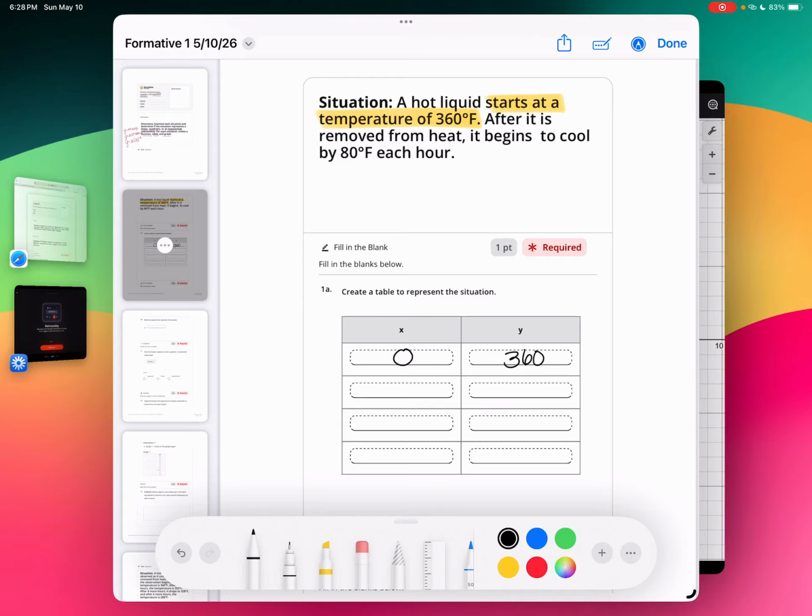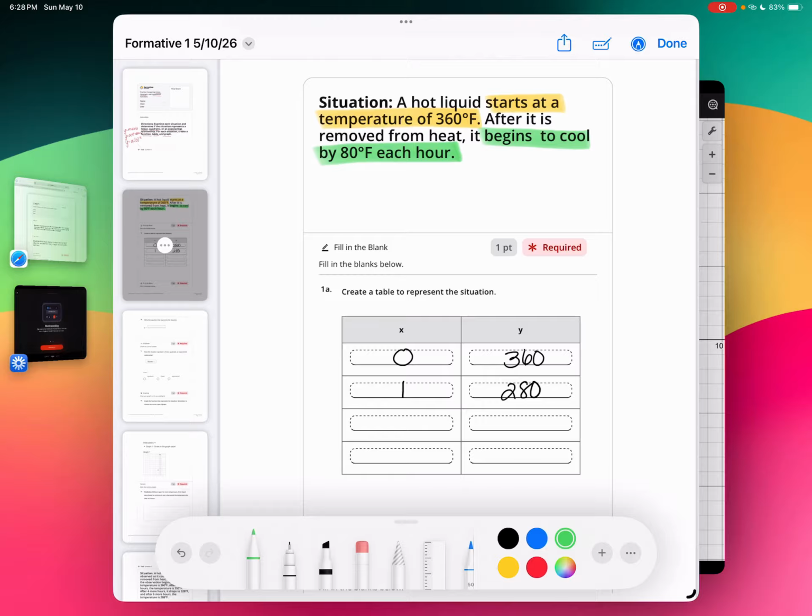And then it says it cools by 80 degrees each hour. After 1 hour, it's going to go down by 80 degrees. So 360 minus 80 gives us 280.